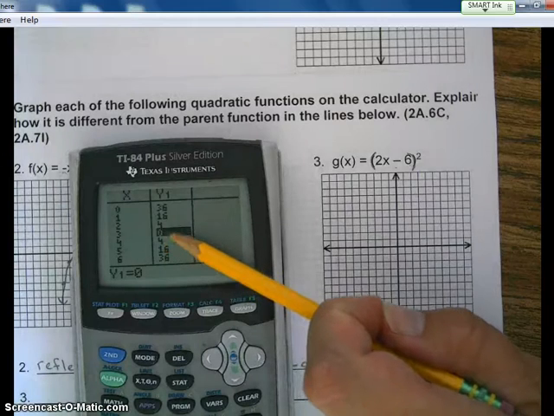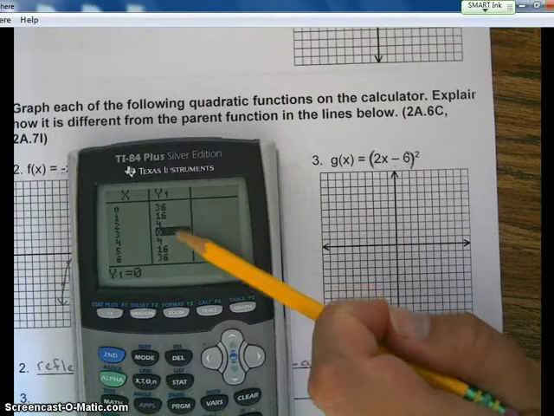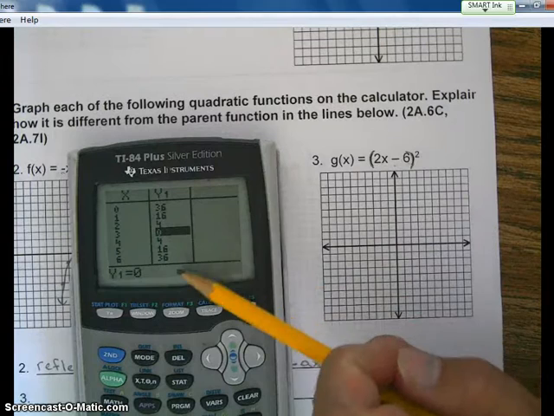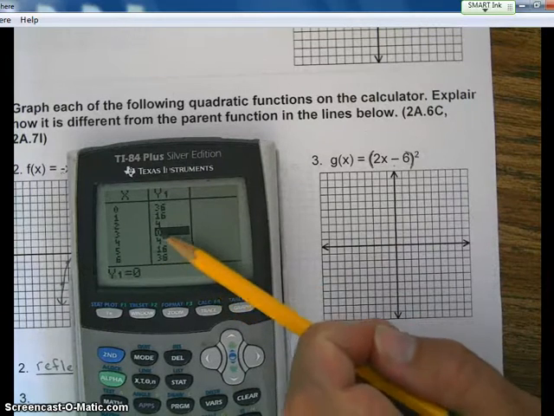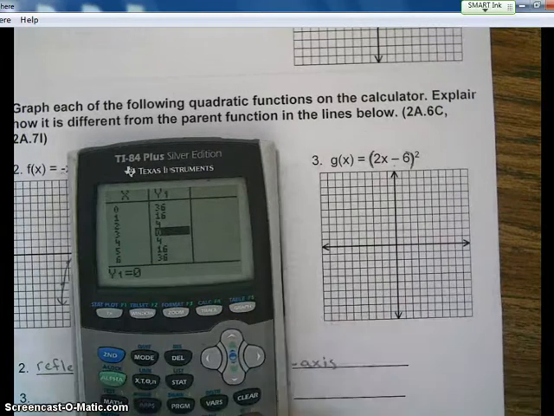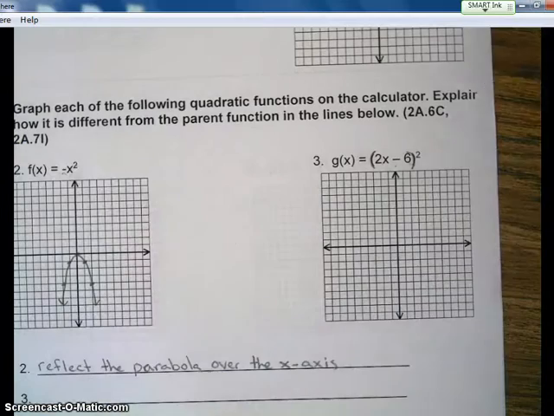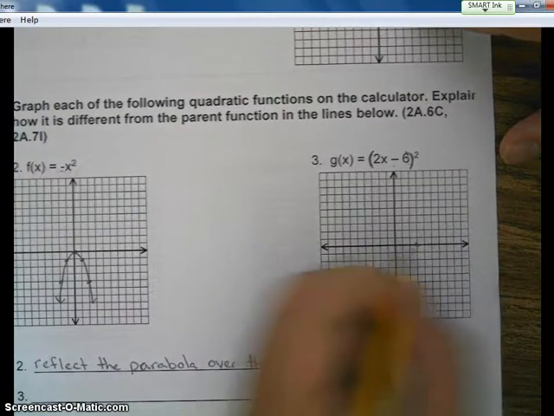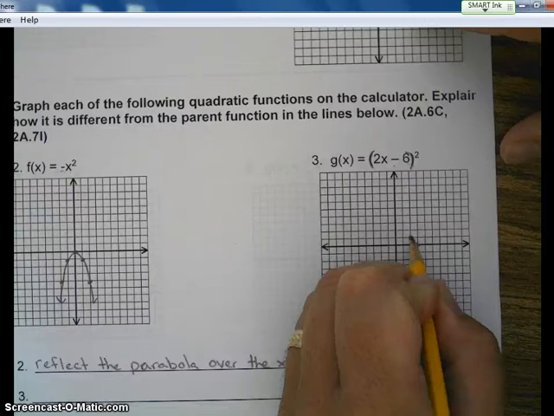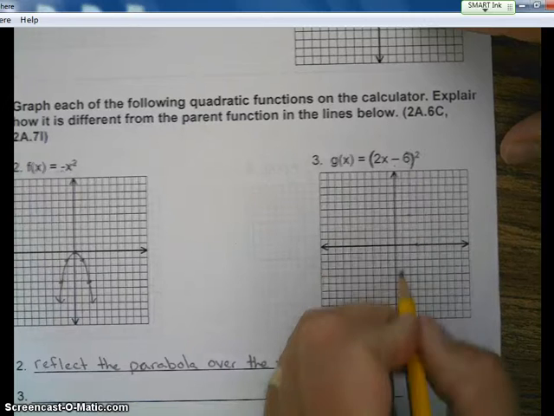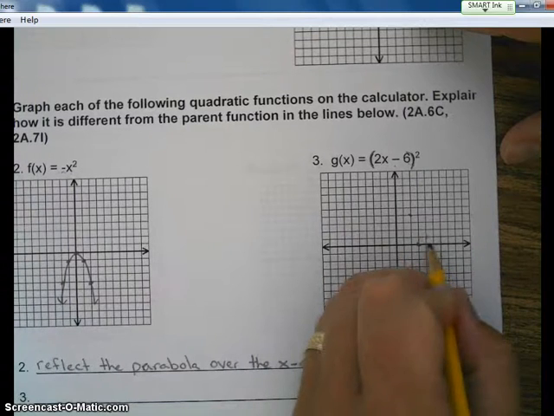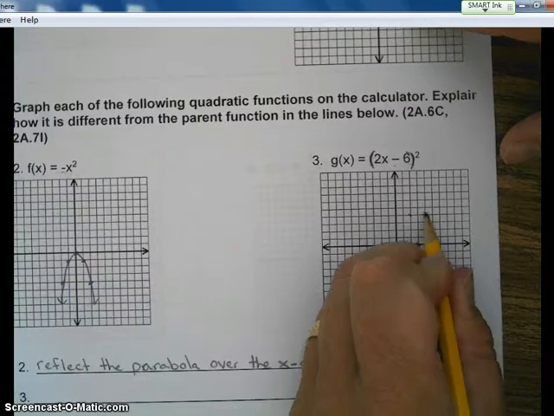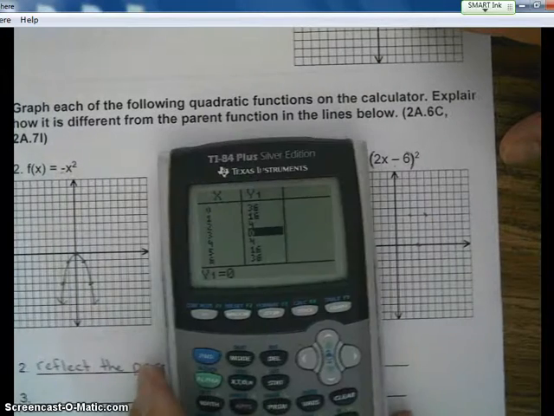See how you get the 4 and the 4, and the 16 and the 16, and the 36 and the 36. It's symmetrical, and the point in the middle is your vertex. So we got 3, 0. Then 2, 4. And we have 4, 4. Reading these off from our calculator.